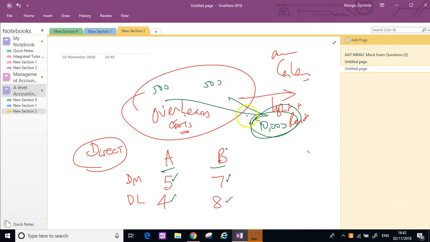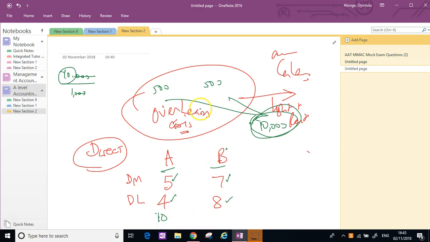So you have 10,000 spread over total units of 1,000, giving you £10 a unit.